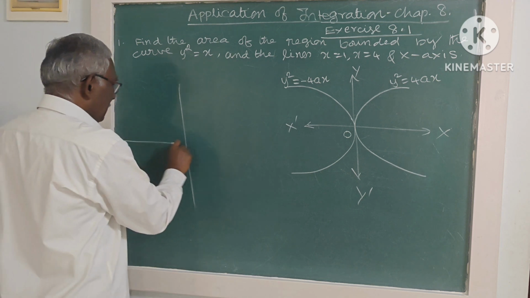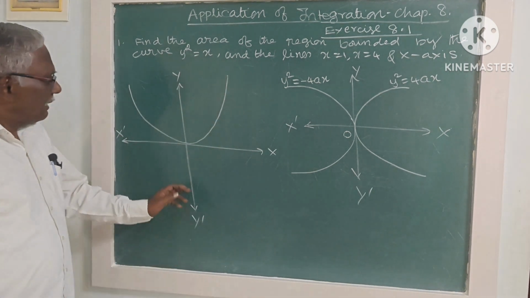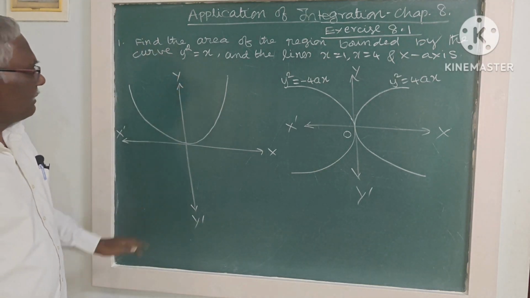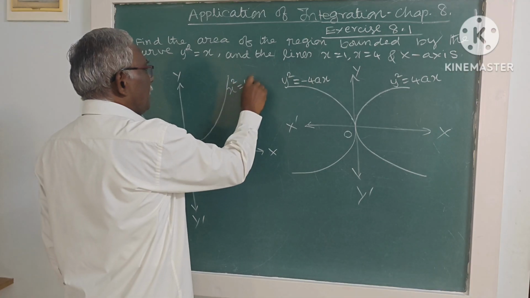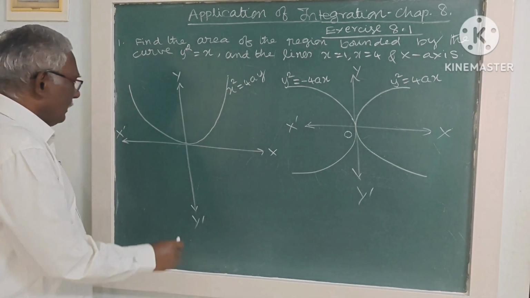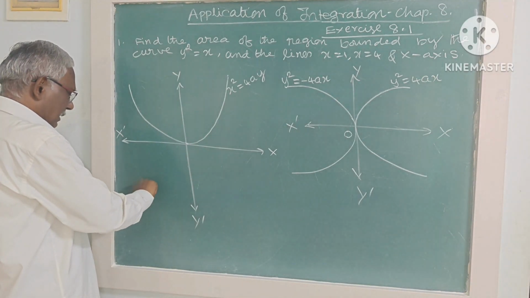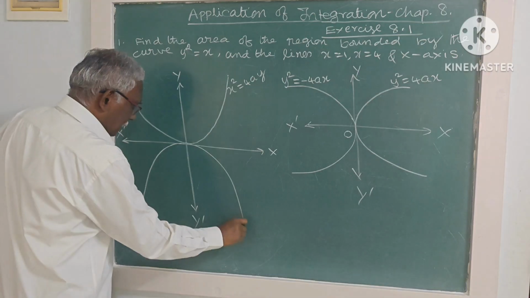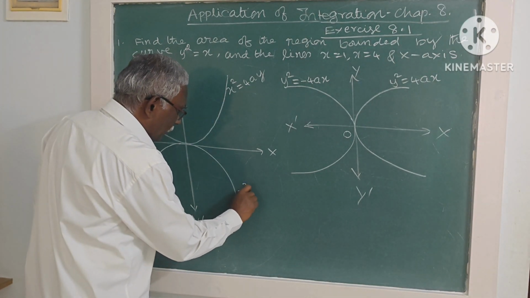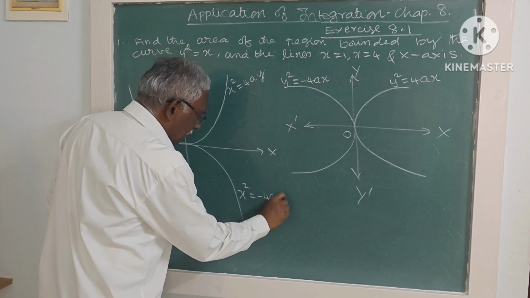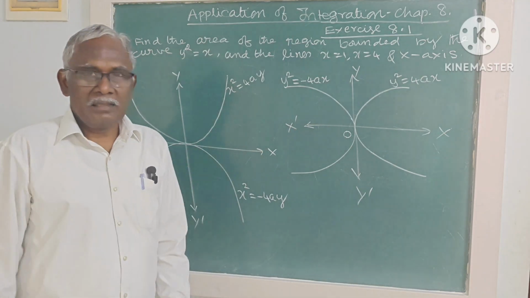On the other hand, the equation of a parabola with the axis along the positive direction of the y-axis is x square is equal to 4ay, and along the negative y-axis, the equation of this parabola is x square is equal to minus 4ay. All these parabolas have vertex at the origin.